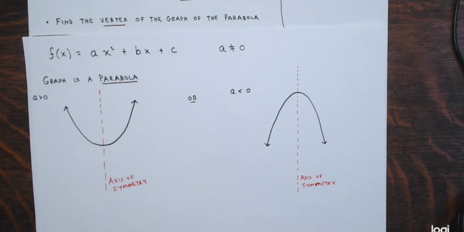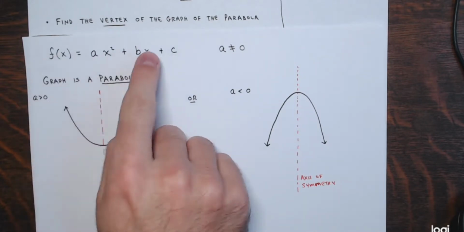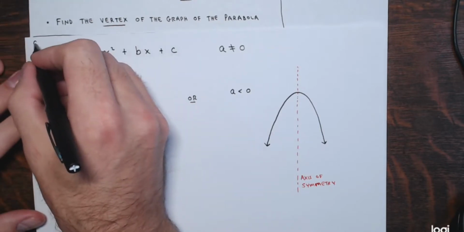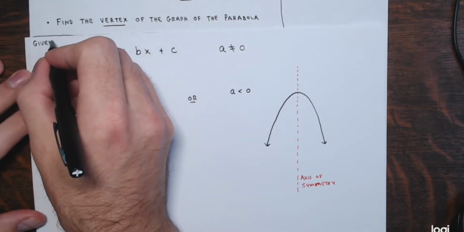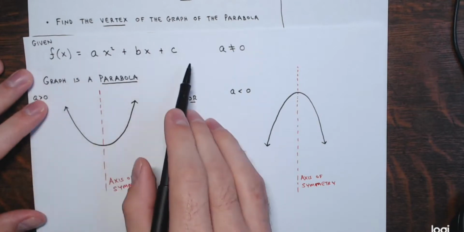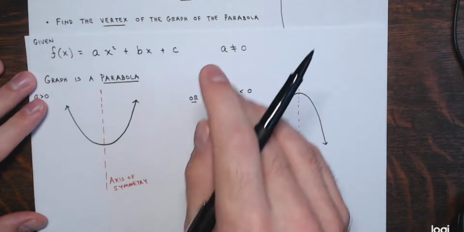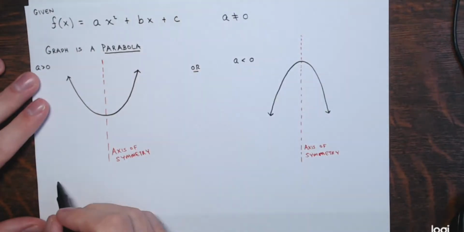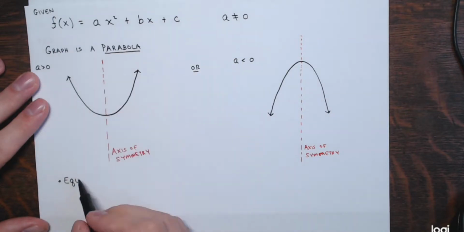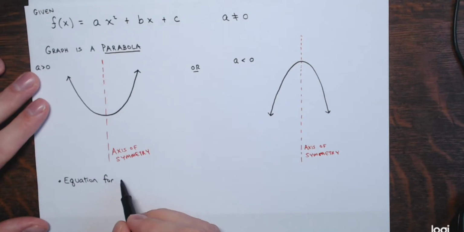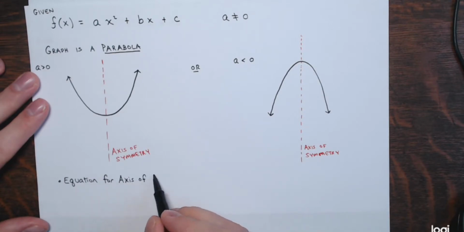Now, given a quadratic function in this form, f of x equals ax squared plus bx plus c, the equation for this vertical line, the equation for the axis of symmetry, will be the following. And I suggest you either memorize this or have it readily available.